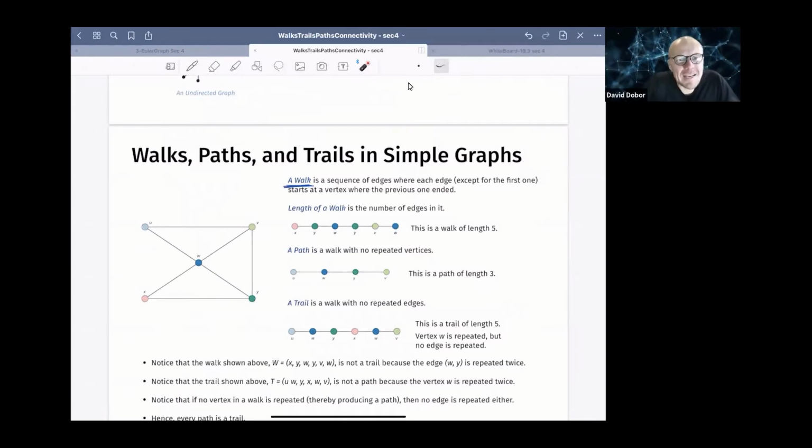You can traverse any edge or go through a vertex more than once. For example, take this one, which meets the definition of a walk. It starts at X, then goes to Y, then W, then goes to Y again, traversing the same edge in the opposite direction. Then it goes to V, then to W. In this particular traversal, the W, Y edge was traversed more than once.